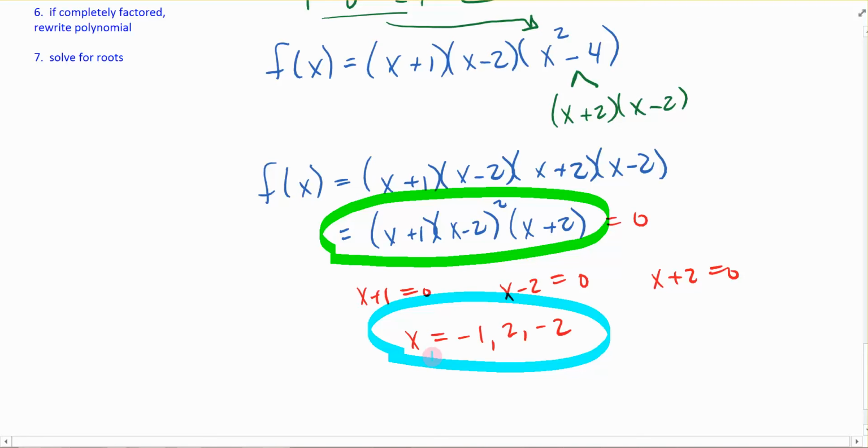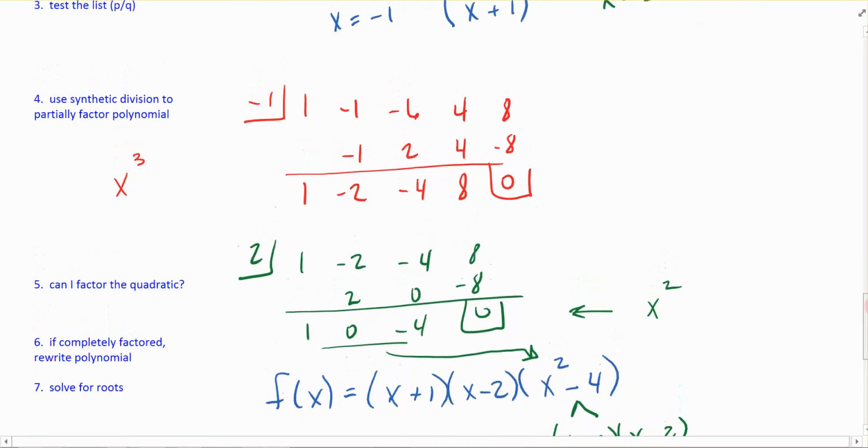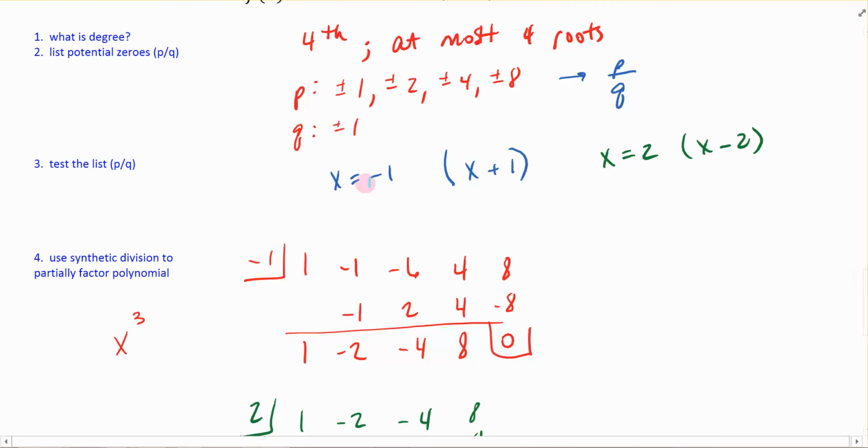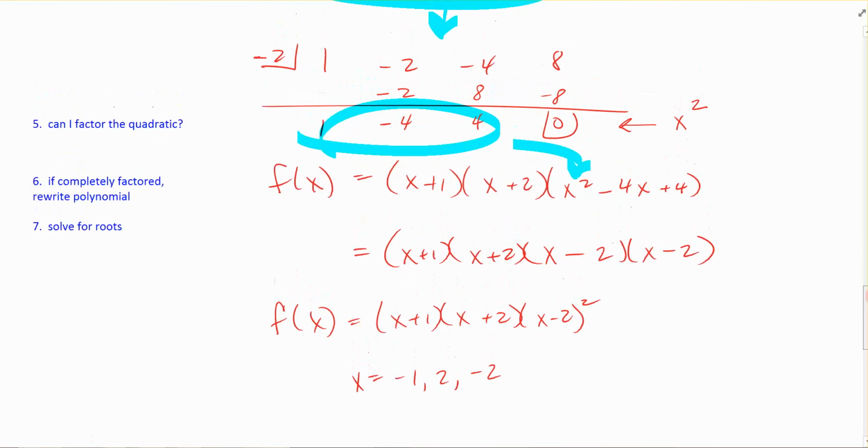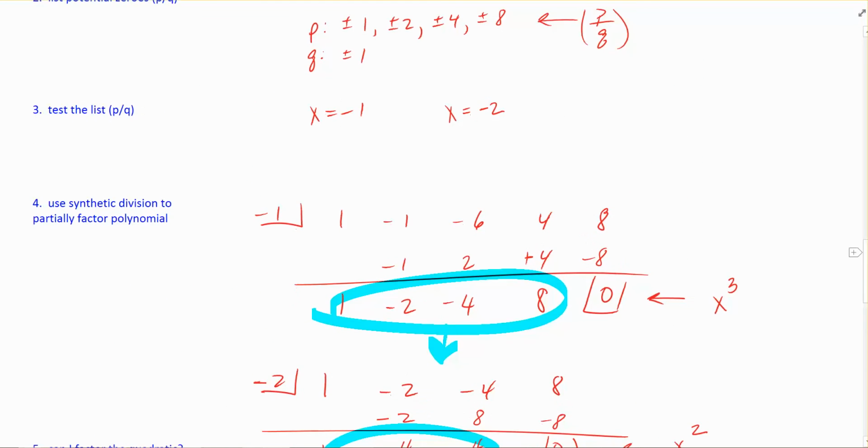One thing I do want to point out to you: in this video, the first time I found one root at negative 1, the second time I found a root at positive 2. In the lecture notes that are completed, that are hanging up there, notice what I did in this one. This time I found a root at negative 1, and I happened to test out a negative 2, which is also a root.